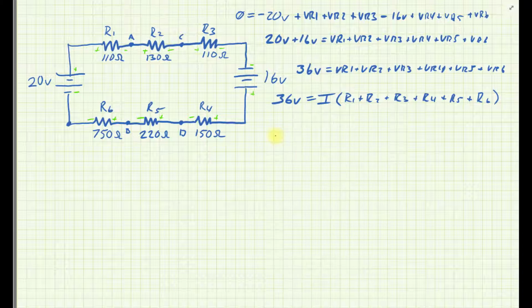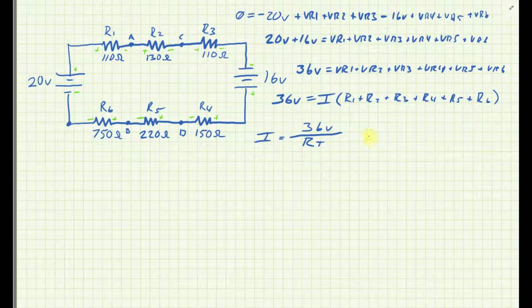So I'm going to say that current equals 36 volts, which is the combined sum of those power supplies, over the sum of all those resistors. Now I could say RT, or R sum. Okay, let's fix this little line here.